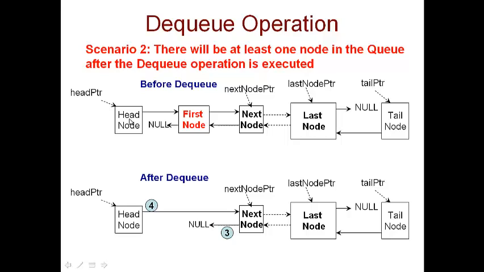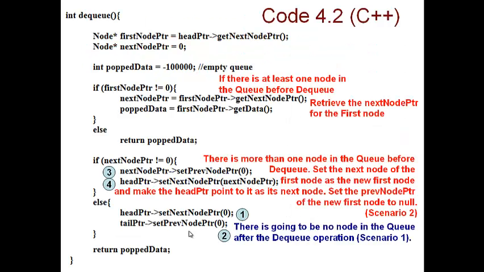When you set the head node's next node pointer to the next node pointer, you are cutting off this link. And when you set the next node's previous node pointer to null, you are cutting off this link to the first node. So the first node is isolated, and that is logical deletion. That's what we're doing here: next node pointer's previous node pointer is null, and the head node's next node pointer is next node pointer.